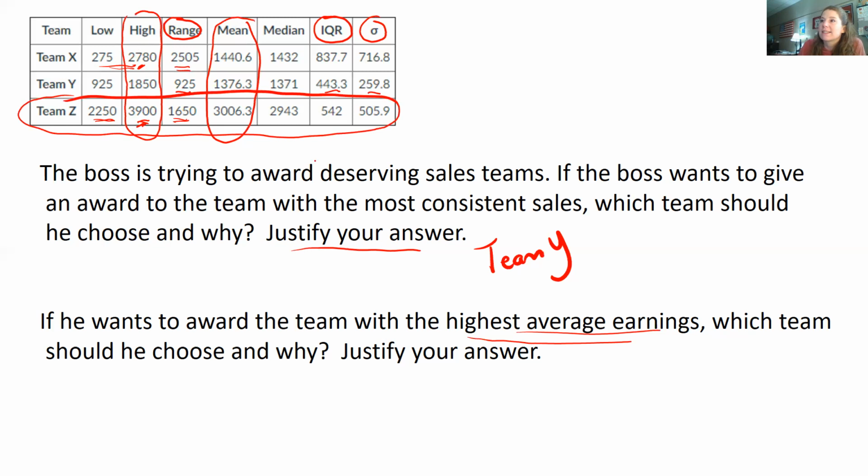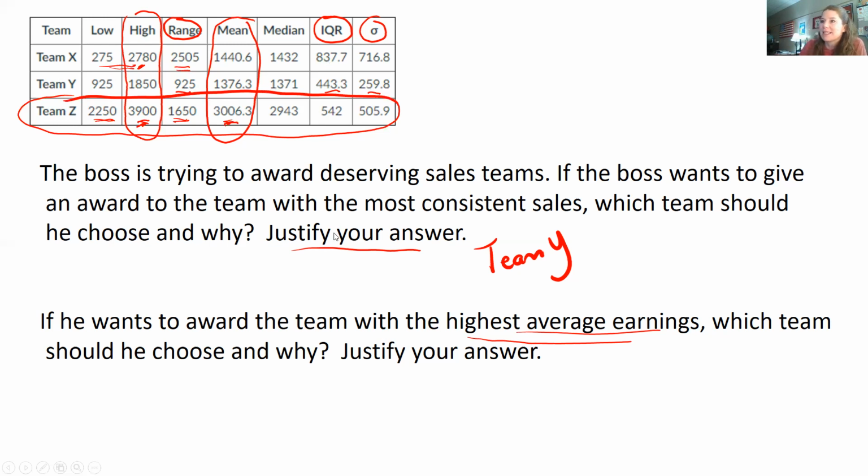average earnings, right? Since this is not as varied, this mean, we could depend on the mean, right? Because it shows that Team Z doesn't have a big varied data. It is a lot more consistent than Team X, excuse me.